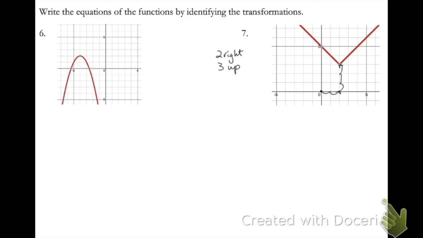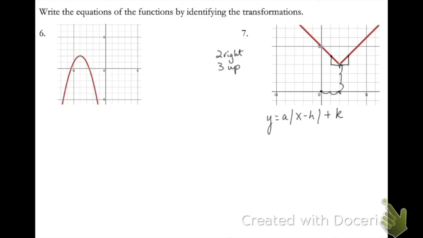So if you look, this graph is opening upwards, so we do not have a reflection. Let's check and see if it has been stretched or compressed. So we just go over 1 and up 1 on both sides, so that means we do not have a stretch. So let's write the general form of an absolute value. So y equals a times the absolute value of x minus h, plus k.